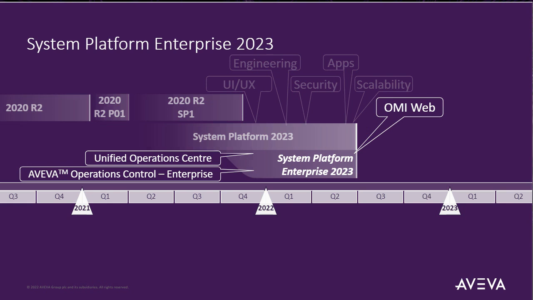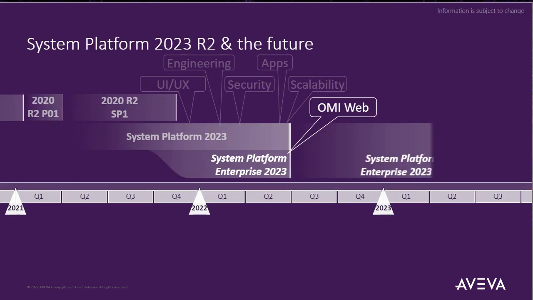So OMI Web is something that we're going to keep on working on. At this point in time, if you're familiar with OMI and you work with OMI Web, you'll find that OMI Web doesn't have all the capabilities yet. So it fits very well in the enterprise environment, but it wouldn't have fit in the supervisory environment at this point in time.